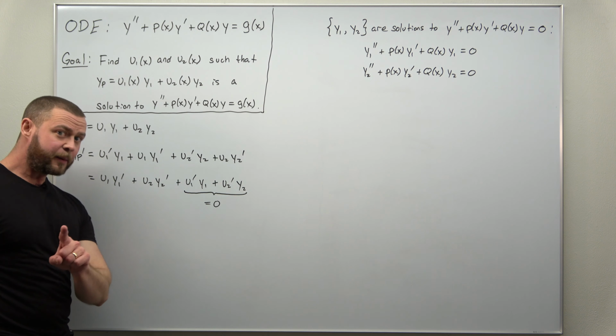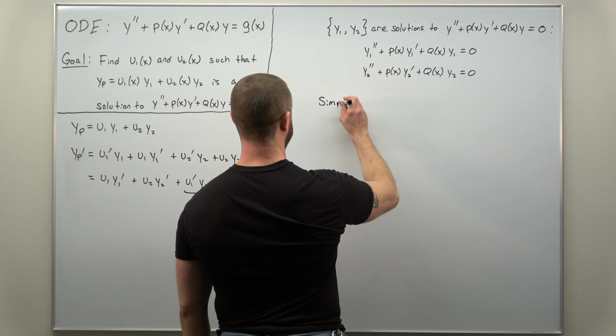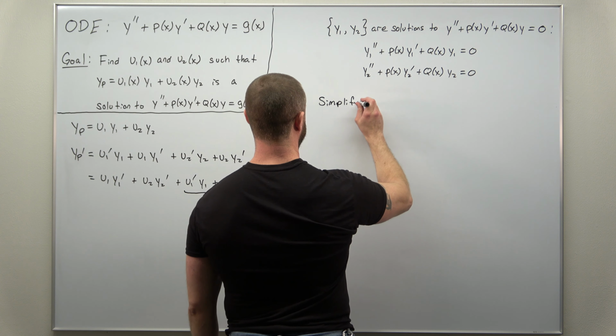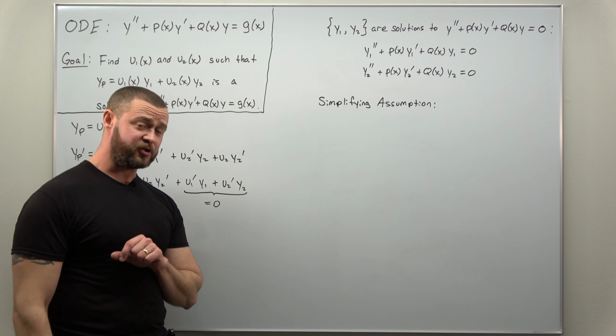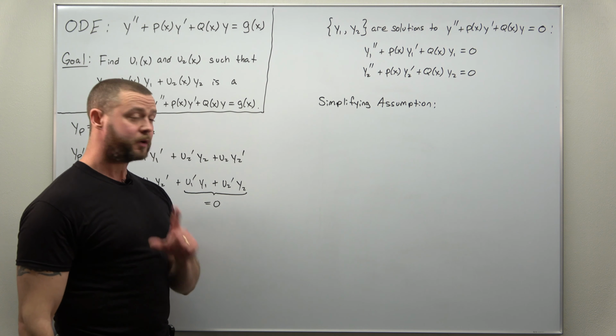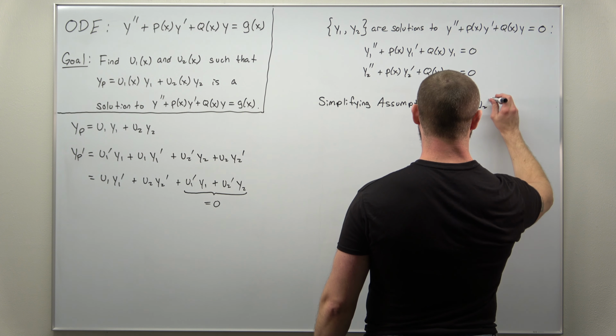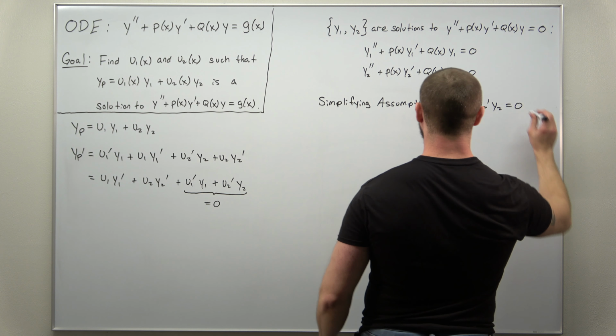This is one equation that I'll call the simplifying assumption. And that is going to simplify the work here and only give you first order differential equations for u1 and u2 rather than second order differential equations. So our simplifying assumption is that u1 prime times y1 plus u2 prime times y2 equals 0.